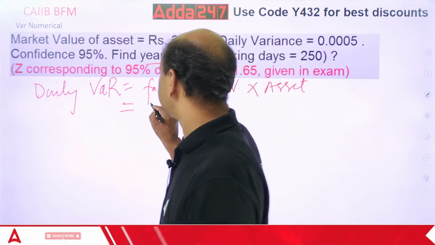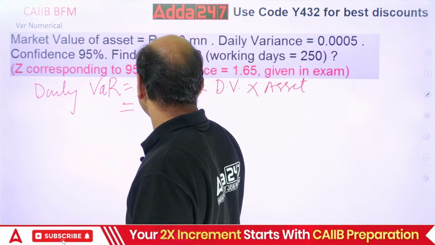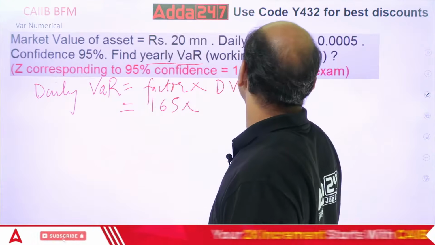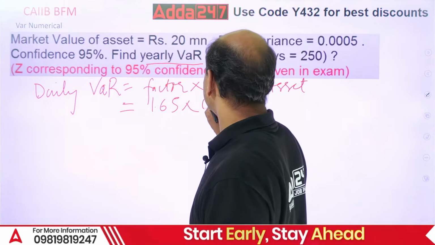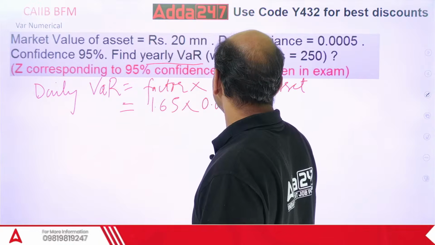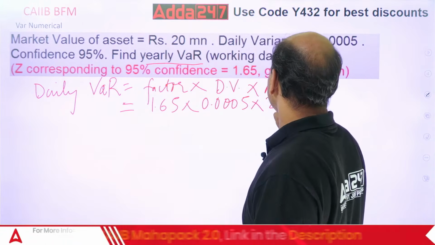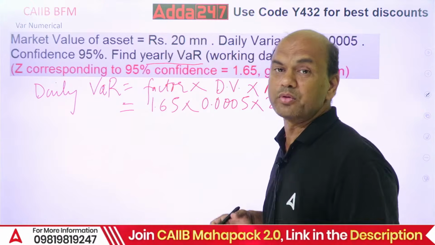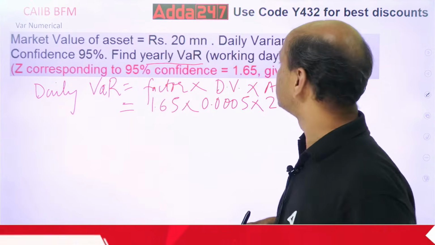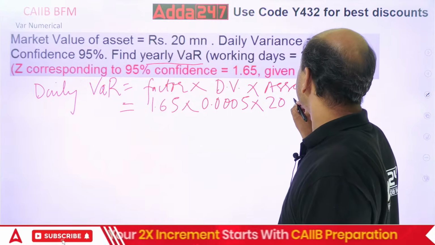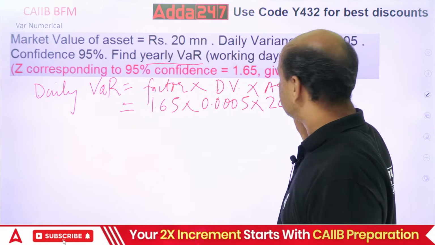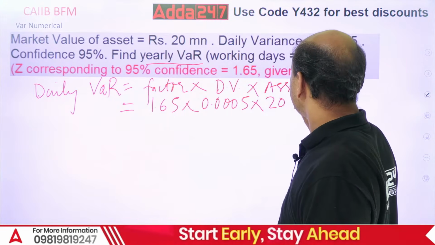So 1.65 over here into the daily variance, 0.0005, into the asset value, 20 million. 20 million means a very big amount now. Million means 6 zeros.